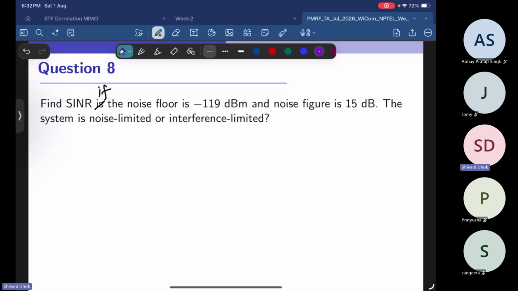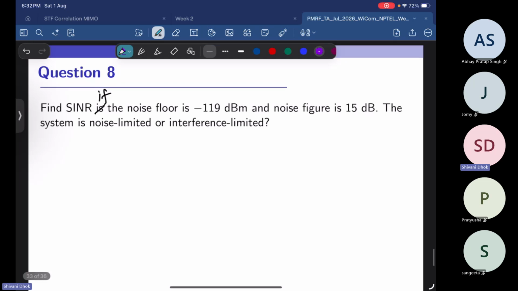Okay, so what is SINR? SINR is your signal to interference plus noise ratio.